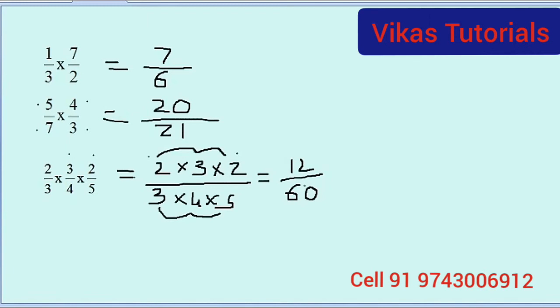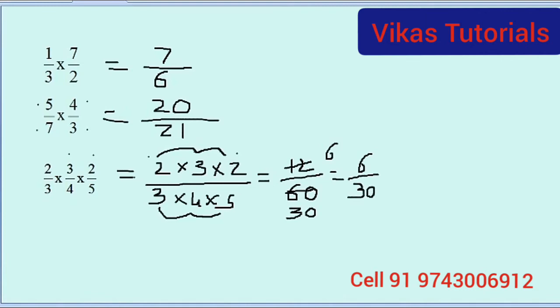Then both the numbers are divisible by 12 also. Either you can go on doing it in small steps, like 2 sixes are 12 and 2 threes are 6, here 0, 30. So this number will become 6 by 30.